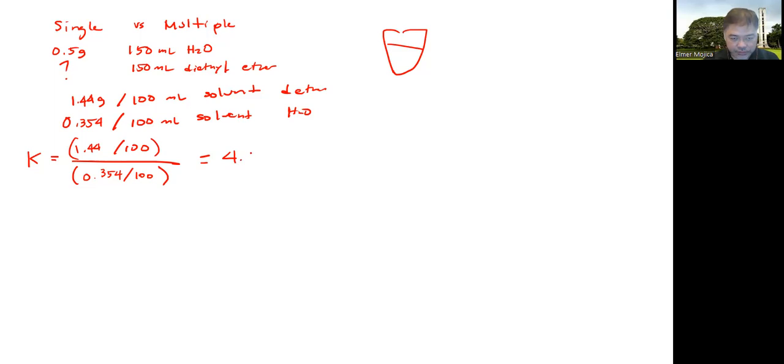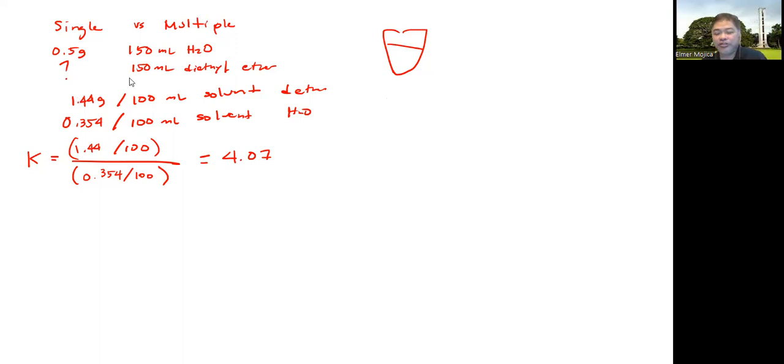So what does it tell us? It tells us that diethyl ether will have more of your compound compared with water. And that is true based on the solubility alone.